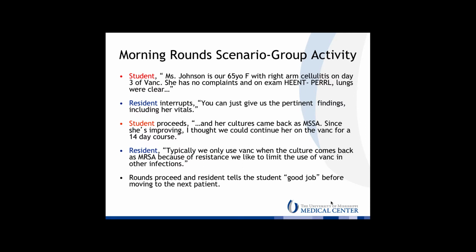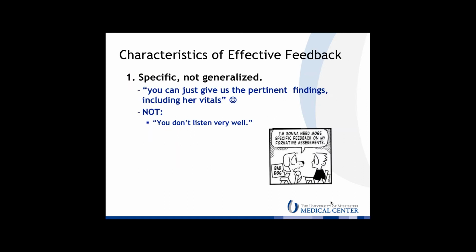What else could he have improved on? Yeah, he just interrupts and goes into that. So be a little more gentle when you're trying to give the feedback as well. Some characteristics again: being specific, not generalized. He told him, you can just give us the pertinent findings, including the vitals.